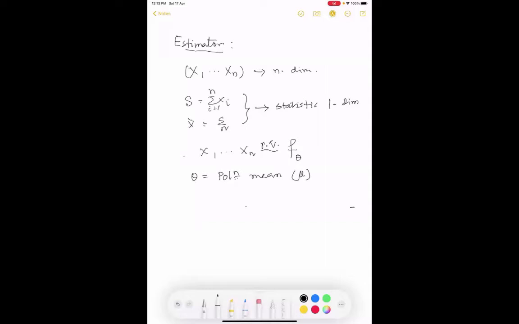What we generally do is try to estimate the population mean by the average. Any other thing you use? Any other estimator for the population mean?